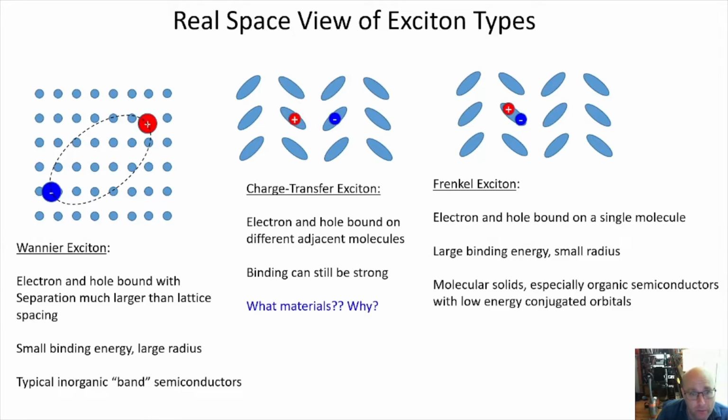And so here you have a small separation, and so intuitively from the hydrogenic model, the binding can still be strong, should be less strong than in the pure molecular case. But it's not clear why this would happen or what materials you would expect to find this in, and that's kind of the topic of what we're talking about in this discussion.